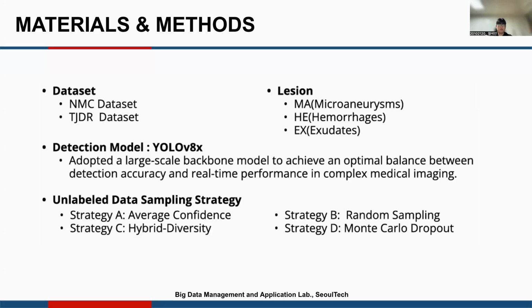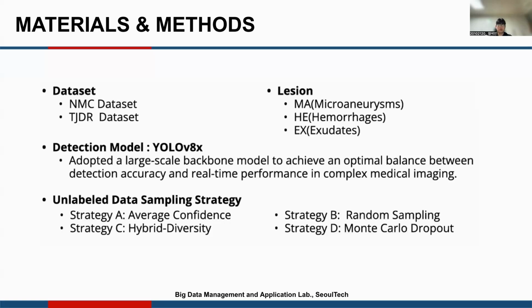We evaluated four sampling strategies across both experiments and the deployed service. The first one is average confidence. After running inference, we prioritize images that show lower mean class confidence, since these are more likely to need human review. Second one is random sampling. In this strategy, images are selected purely at random.